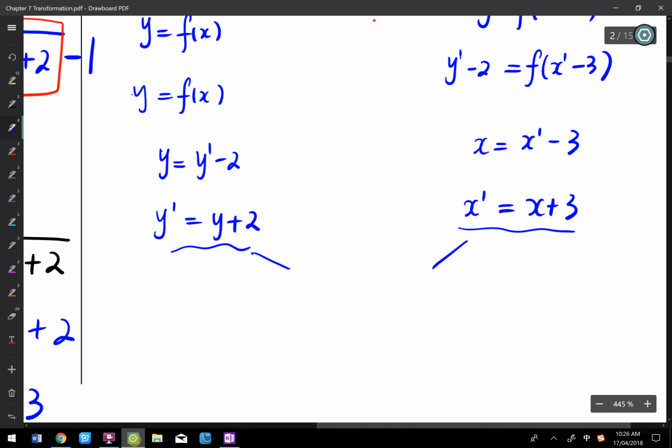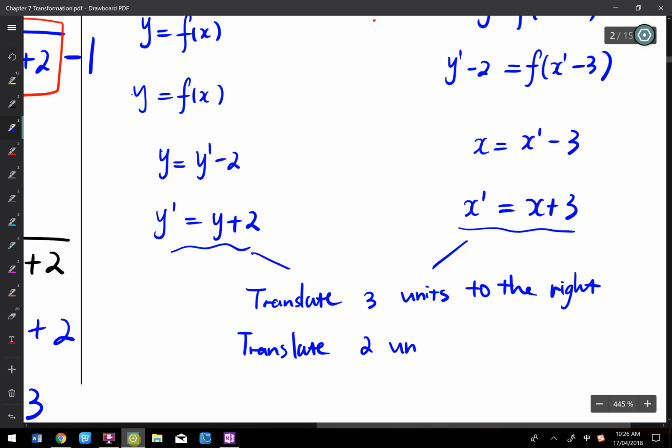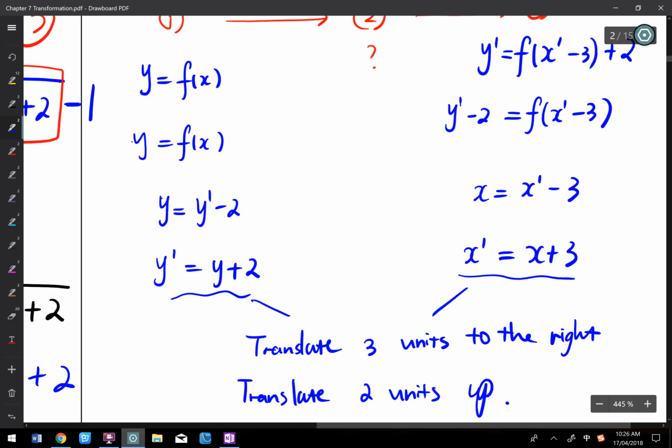So therefore, it is translate 3 units to the right and translate 2 units up. That's the answer to step 2.